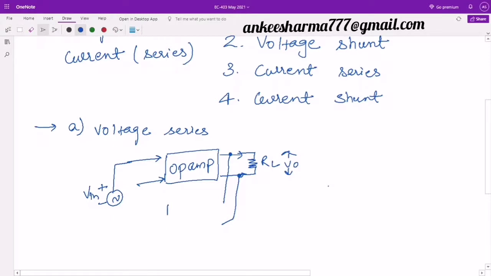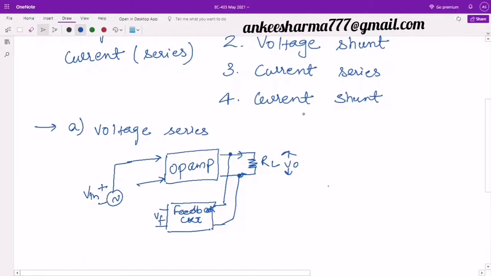This will be sent into some feedback circuitry. As I said, some part of this output voltage will be sent back. So this is the feedback circuit, where some part of it will be transferred and available at the output of the feedback, and we normally call that voltage VF.